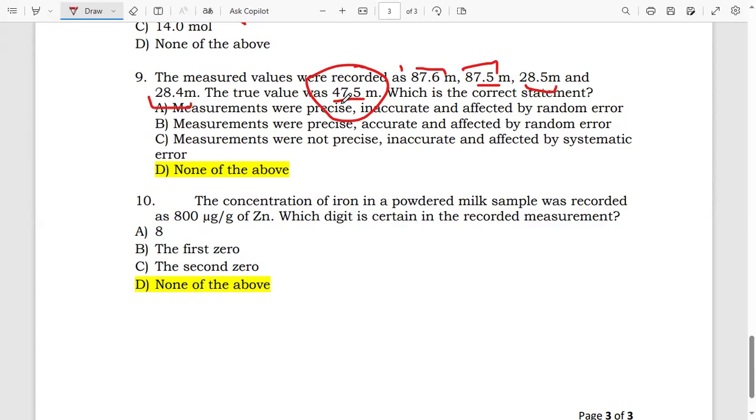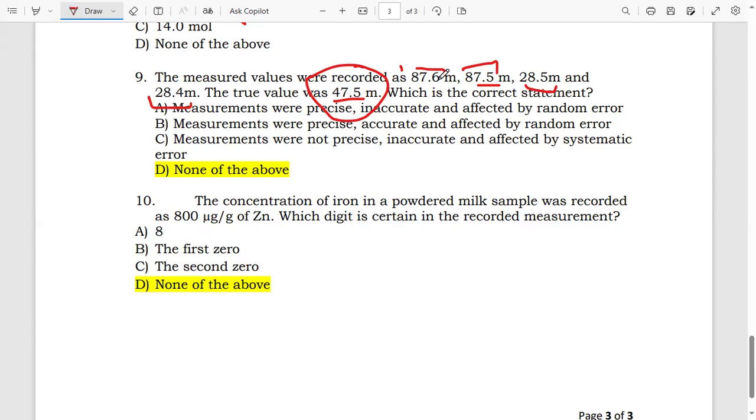So these measurements will be affected by random errors, because the variation is in both directions. We have numbers that are greater than the true value, and numbers that are less than the true value, so the deviations are going in both directions. Meaning the error here is random error.